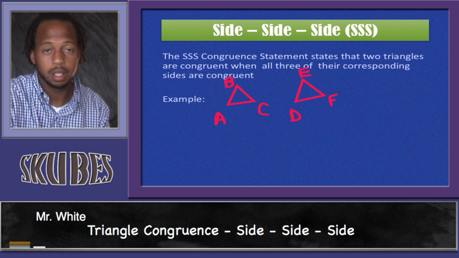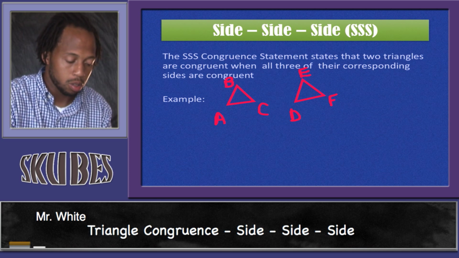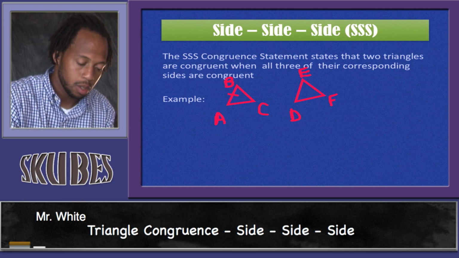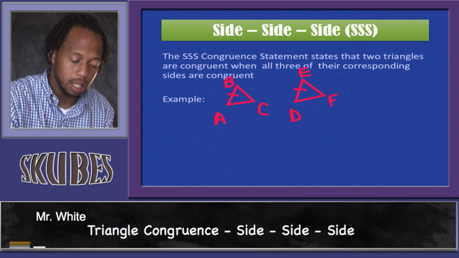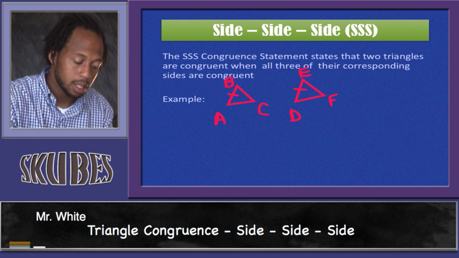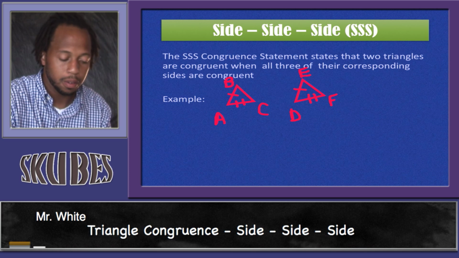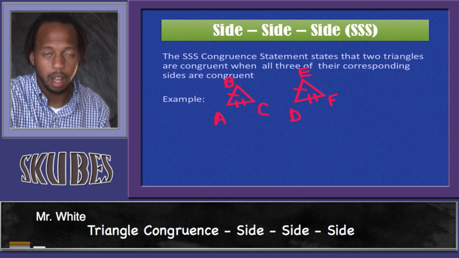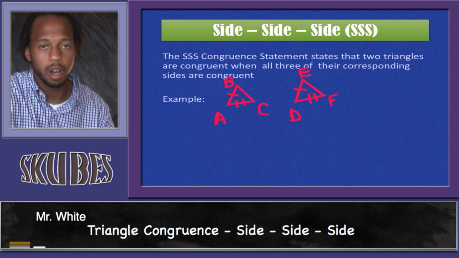So the corresponding sides must be congruent. So side AB must be congruent to side DE because they are corresponding in the 2 different triangles. Side AC must be congruent to side DF because they are corresponding sides in those 2 triangles.